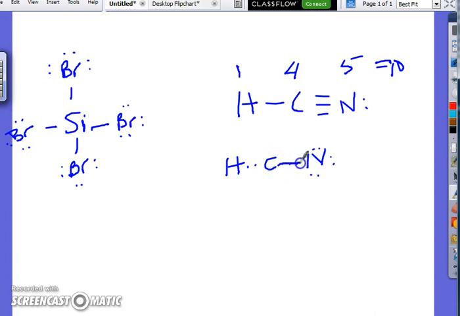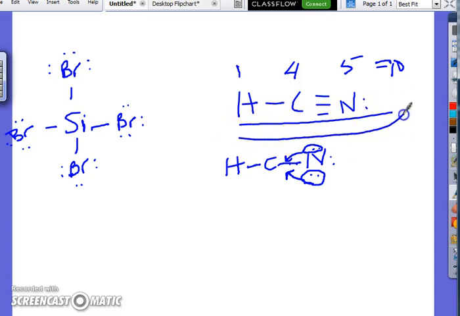So I can put my line here and here. But my carbon is very not happy because it only has 2 lines and it wants 2 more. So I'm going to move these electrons in and these electrons in so that I ultimately get this molecule.